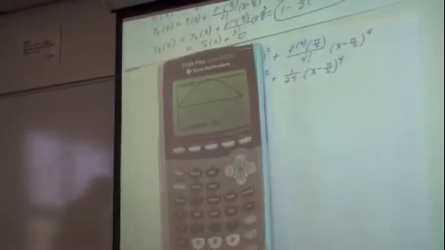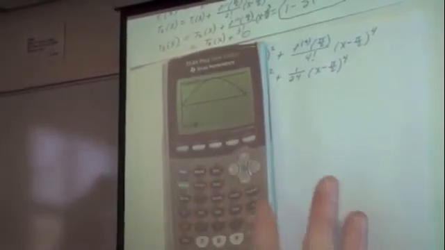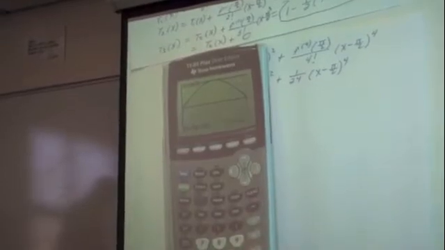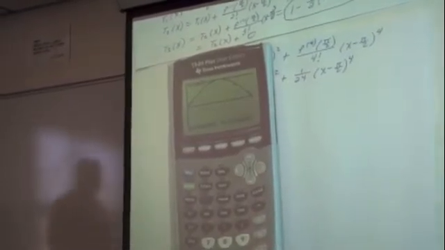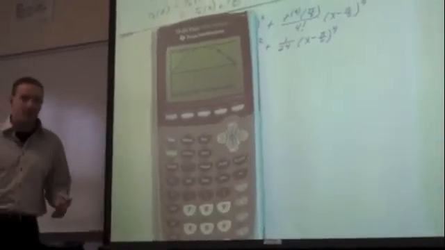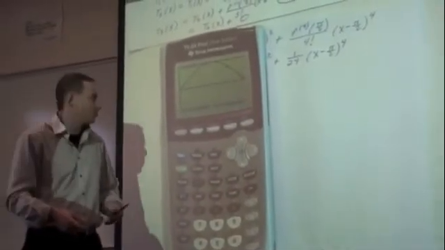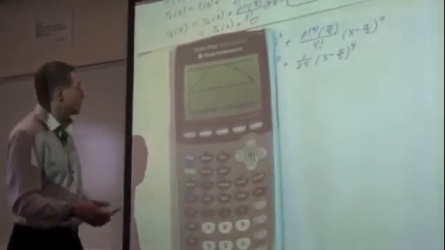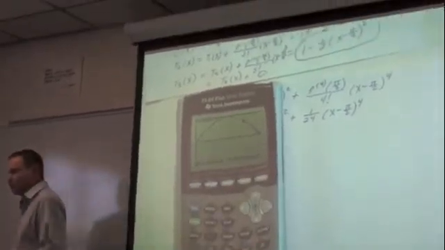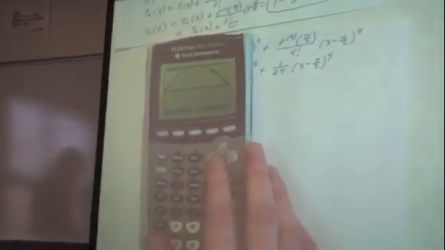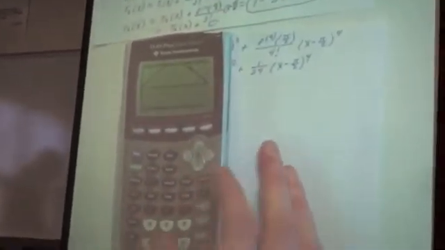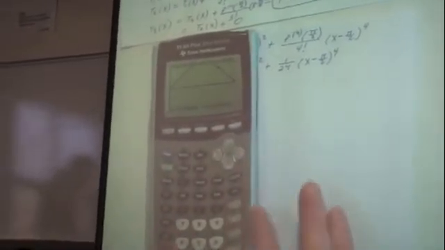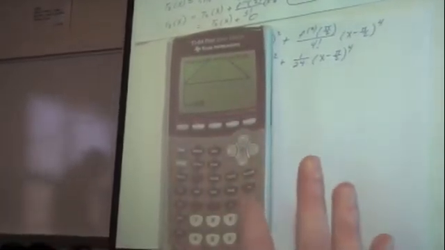Let's say I go to 3 pi over 4 on my sine function. The sine of 3 pi over 4, square root of 2 over 2, 0.7071068. So I would like to scroll down to y3, which is my fourth Taylor polynomial, and ask it, what is that at 3 pi over 4?